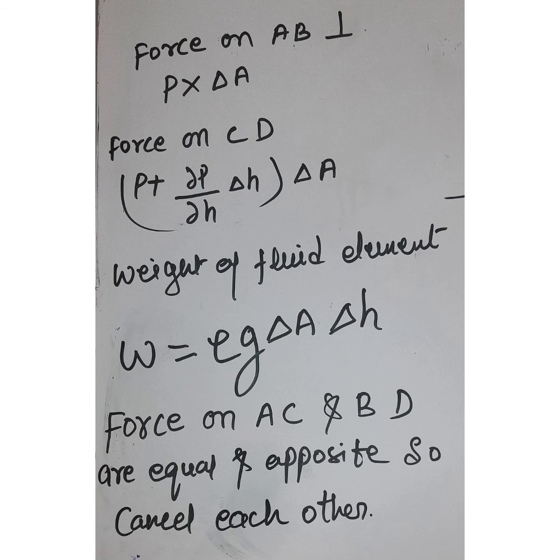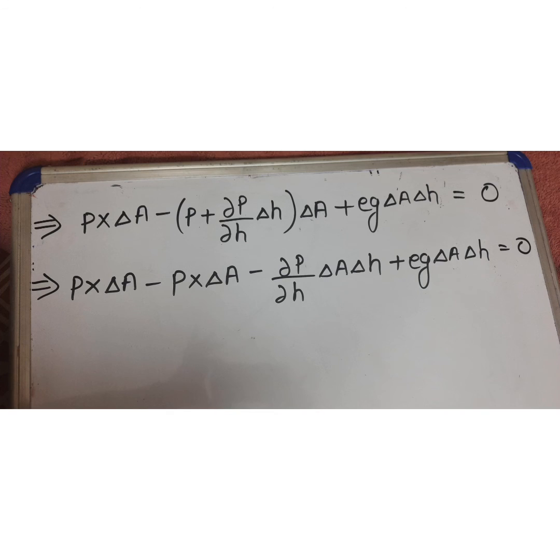The force acting on face AB is P into del A. The second force acting on CD is in the opposite direction, so we take a minus sign, and here P plus the change in pressure with respect to change in distance H, into del H, bracket closed, into del A. Plus, the weight of the fluid is acting in the downward direction, so we take a plus sign.